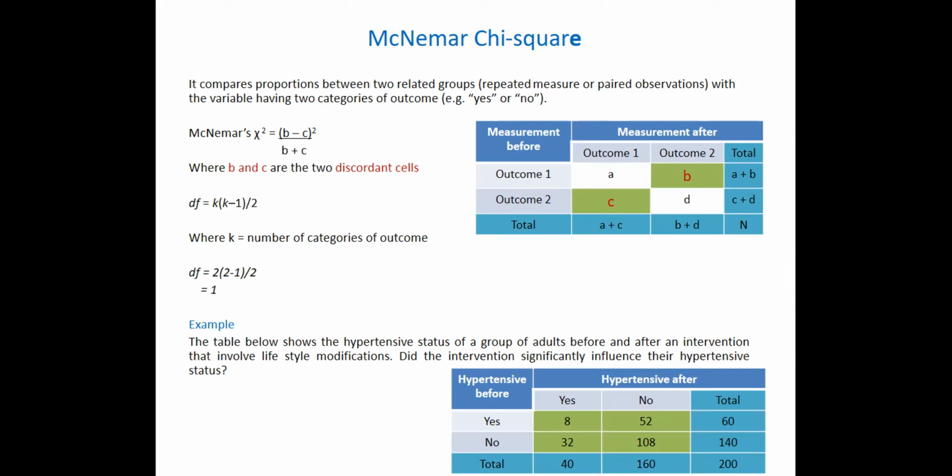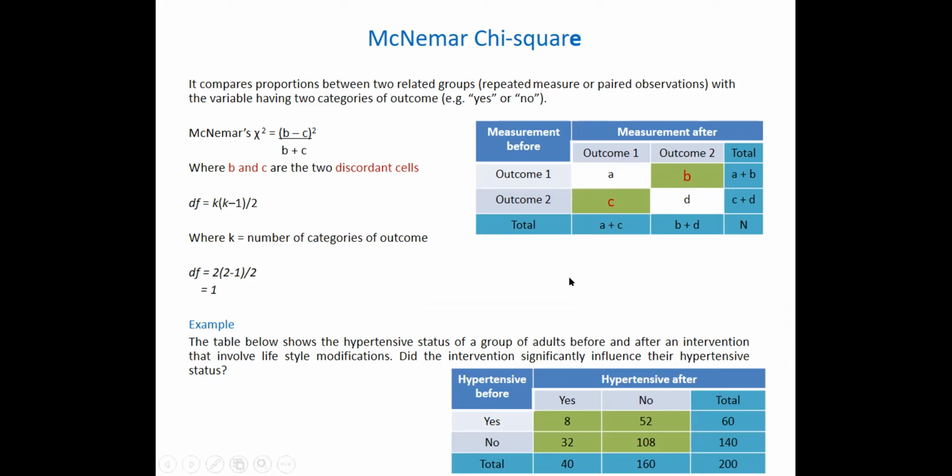And those are the four categories, because after you have done it again, look at hypertensive after. Under yes, the total is 40. You now discover that 40 people were hypertensive, then 160 people were not hypertensive. When you started, 60 were hypertensive, 140 were not. Now you have reduced the number of hypertensive to 40, with 160 not hypertensive.